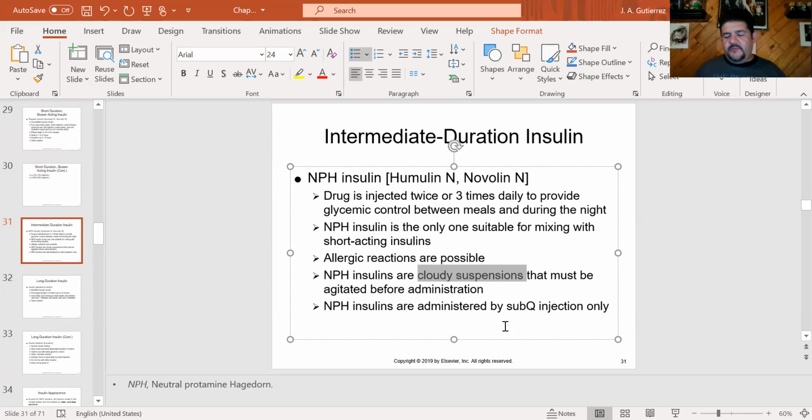The reason you need to remember this is because in a hospital setting, it's very common for doctors to tell you, hey, can you provide regular insulin and NPH insulin to my patient, and they'll give you the dosage of each one. And in order to prevent double injection, you can put them in the same syringe, but there's a specific set of steps that you need to follow where clear and cloudy are the highlight of those steps. NPH is a sub-Q technique.